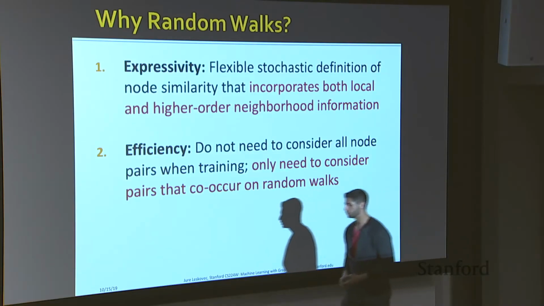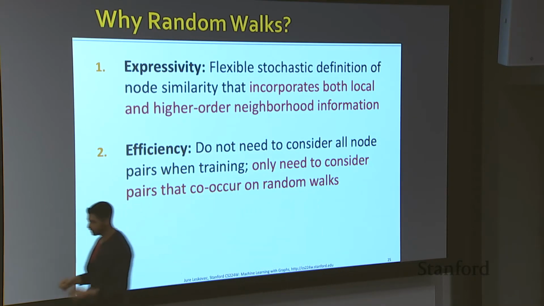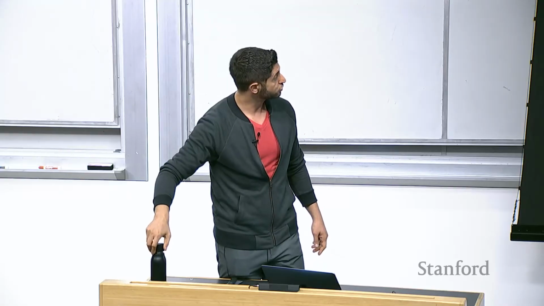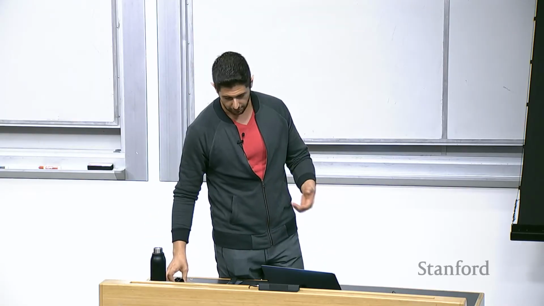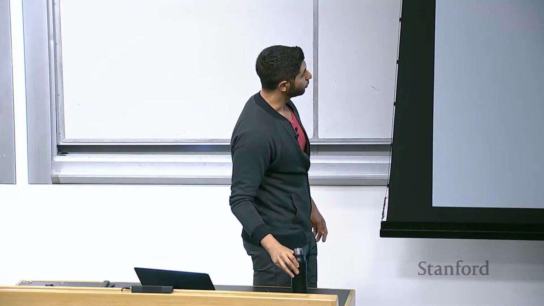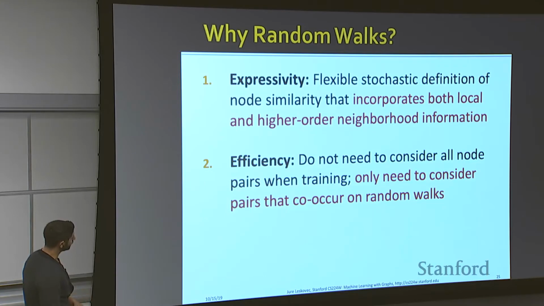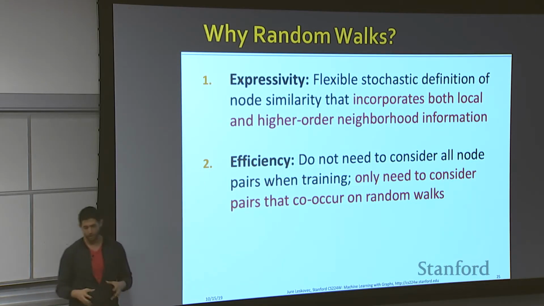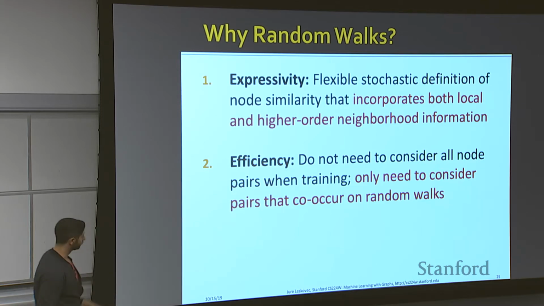So why do we want to use random walks? A couple of key reasons. The first one is they're very expressive. Given that they're very flexible in the way we can run them, we can incorporate either local information or higher order neighboring information depending on how we perform the random walk on the graph.